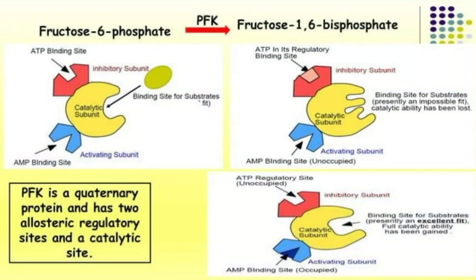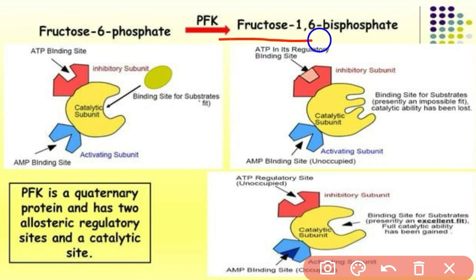So fructose 6 phosphate is a substrate for PFK, that is phosphofructokinase. When this phosphofructokinase acts on the substrate, the product, fructose 1,6 bisphosphate, is formed.